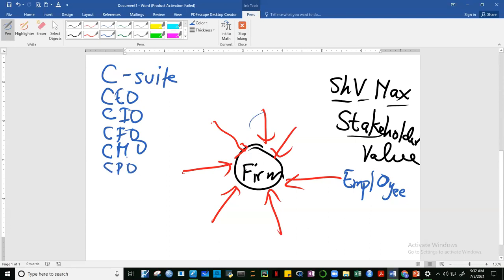Ito yung mga C-suite, Chief Executive Officer, Chief Information Officer, Chief Finance Officer, Chief Marketing Officer, Chief People Officer, may ganung mga position na, no? May CKO pa nga, no? So these are what we call the pinaka-top sa company, no? Mga C-suite 'yan. And kaya nga C-suite kasi it begins with the letter C.